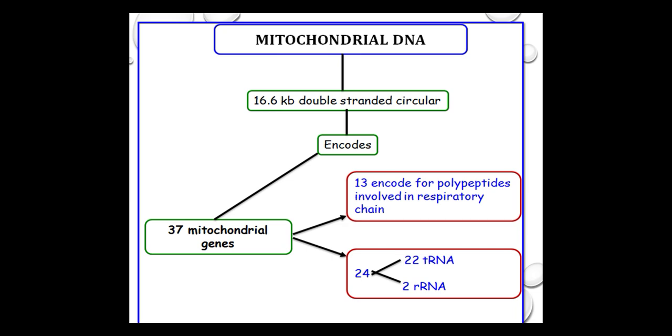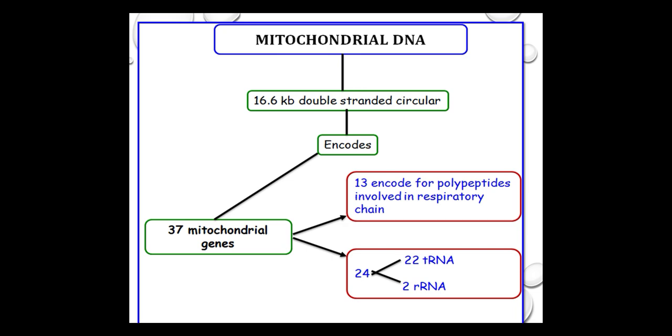So, ang mitochondria natin, DNA, it has 16.6 kilobyte double-stranded circular encodes 37 mitochondrial genes, 13 encode for polypeptides involved in respiratory chain, and 24 of those are 2 for rRNA and 22 for tRNA.